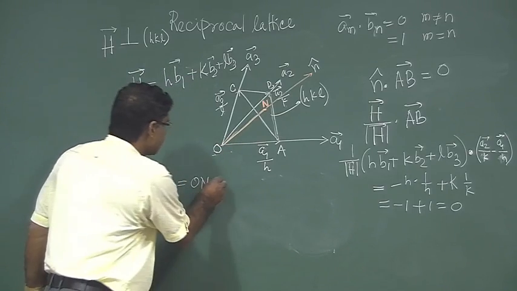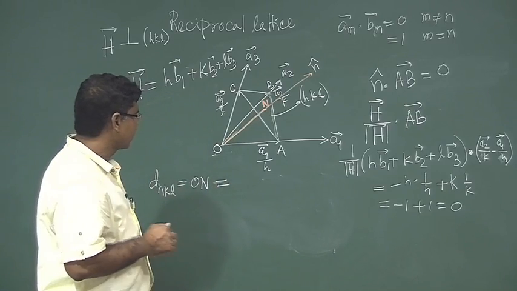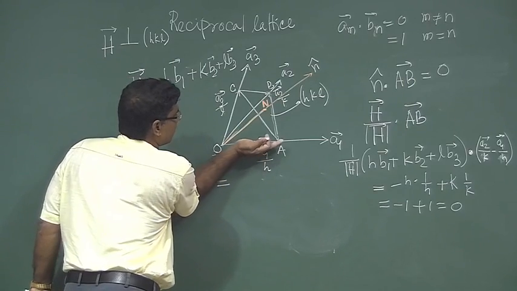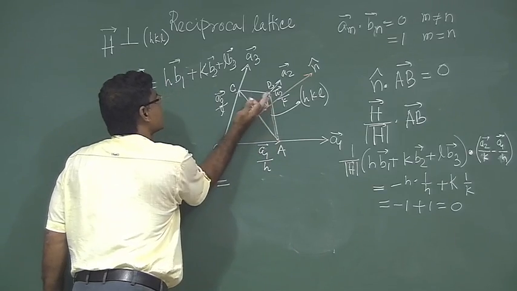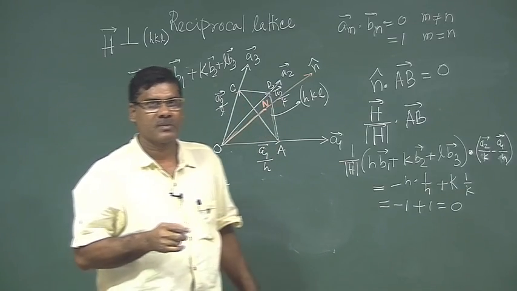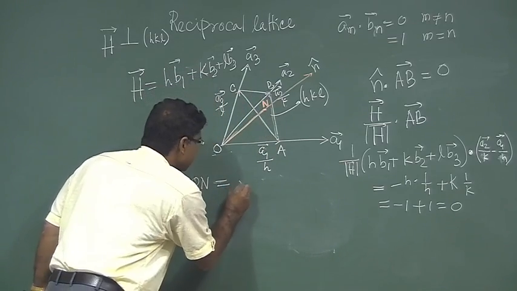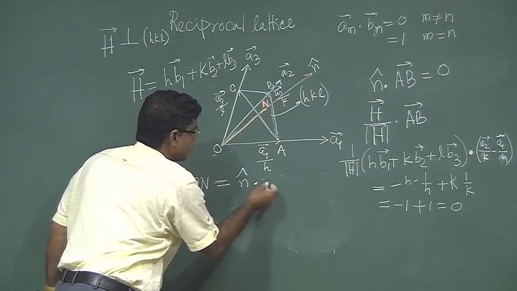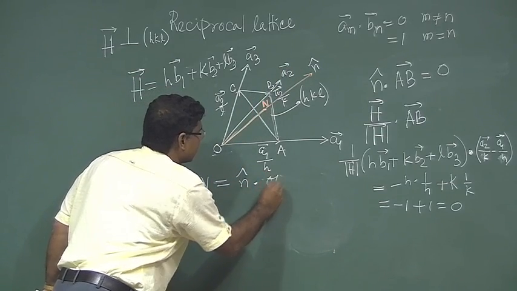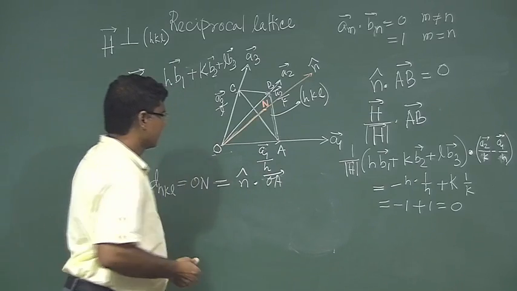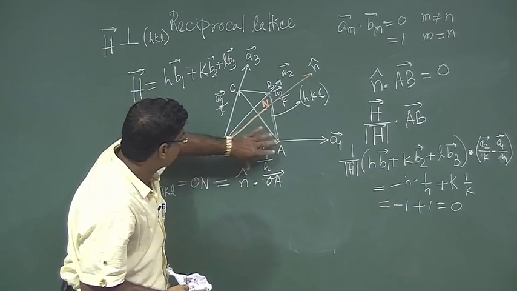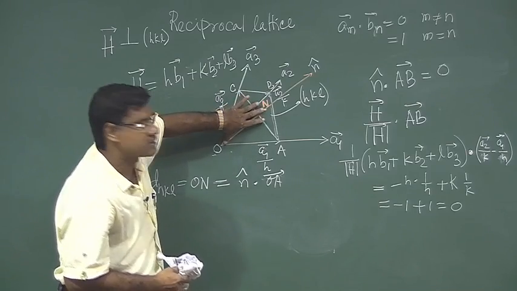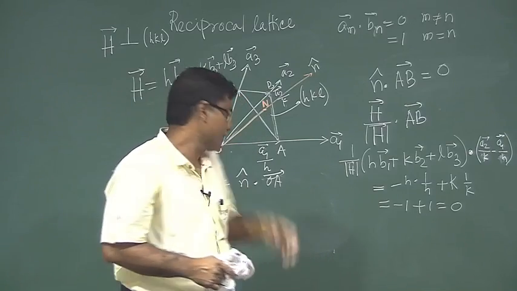This ON one can get by taking the projection of this OA on this. So if this is the unit vector, just take the dot product of OA in this direction, and that will be this ON, right.